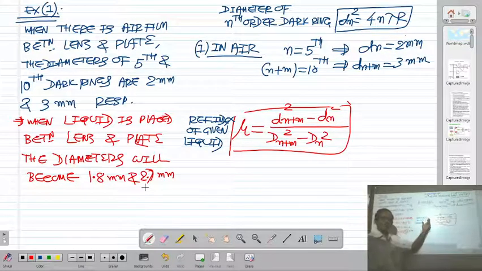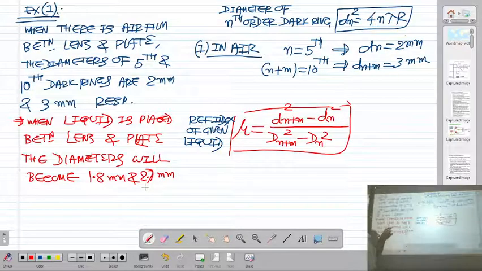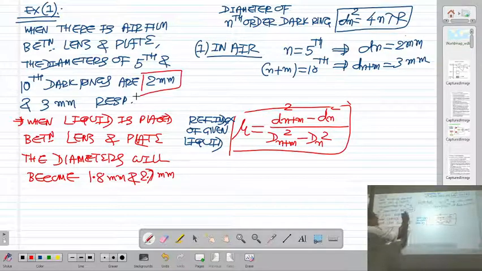So when there is a liquid film between lens and plate, the diameter of the fifth ring will become 1.8 mm instead of 2 mm, right? And the diameter of the 10th dark ring will become 2.7 mm instead of 3 mm.